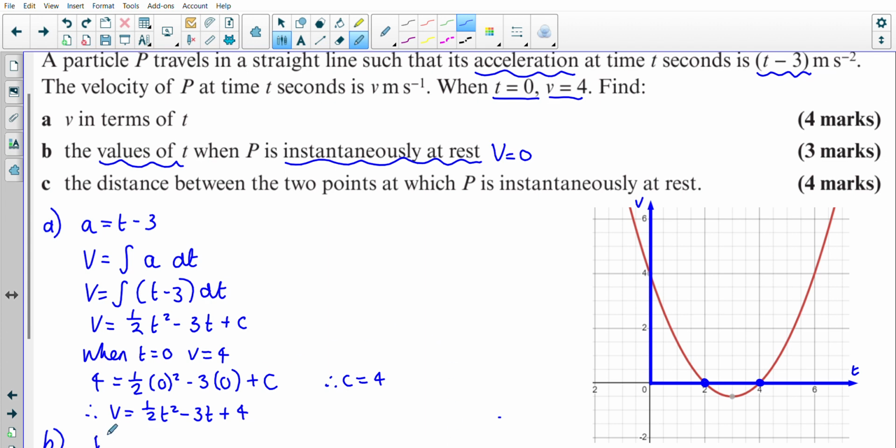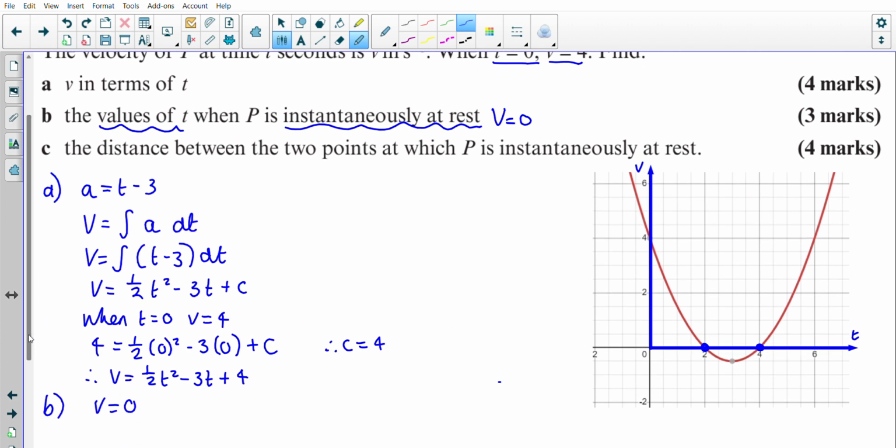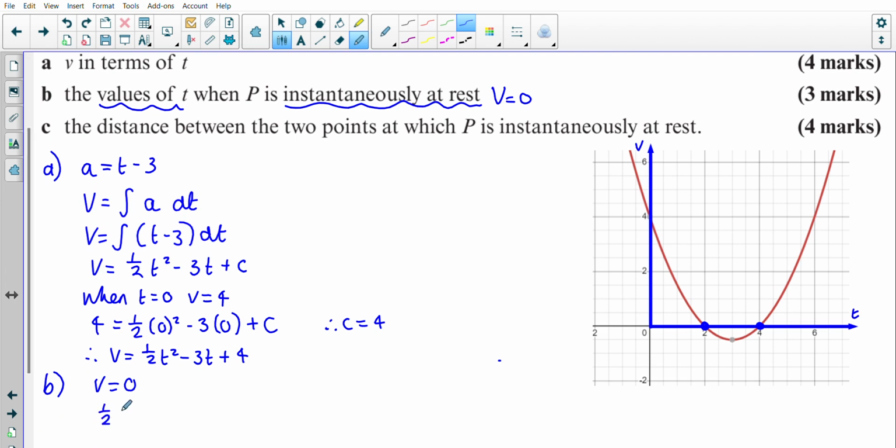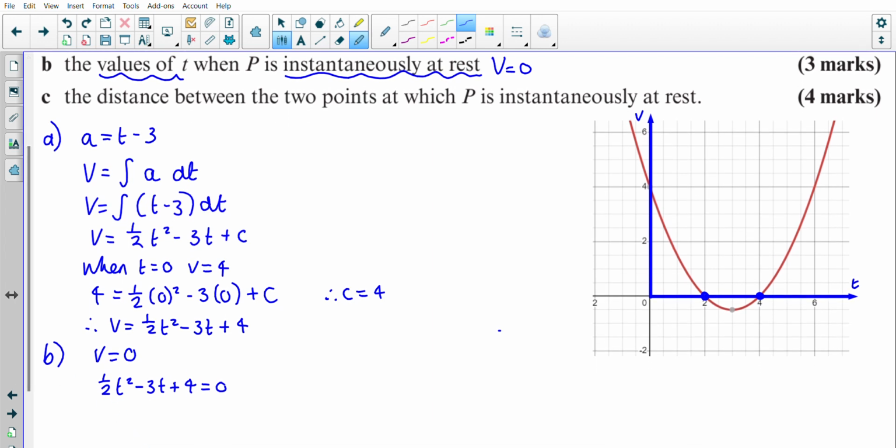So I'm going to be solving the equation. You could multiply through by 2 if you like here, or just jump and use your calculator. I'm going to get t is 2 and t is 4 from using the calculator.